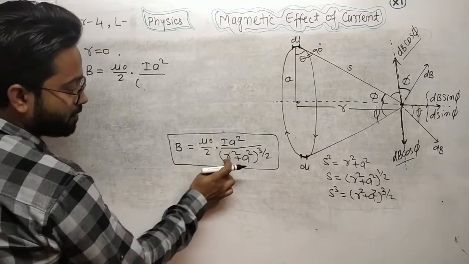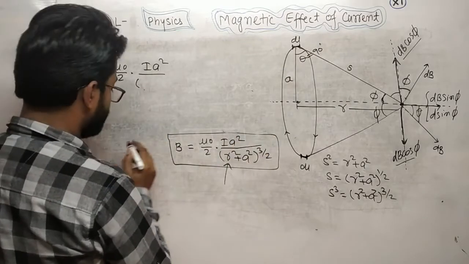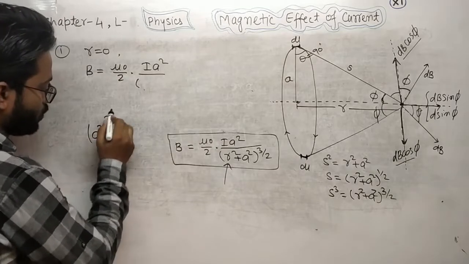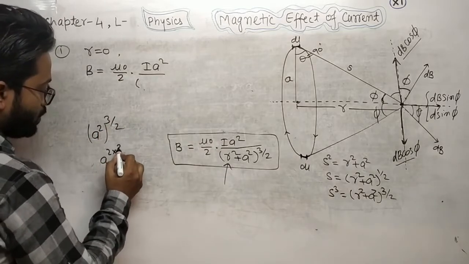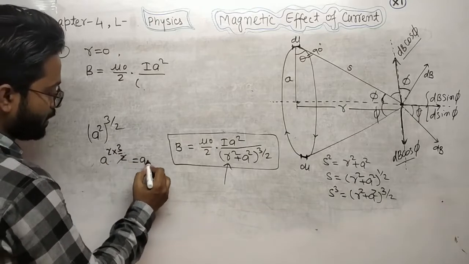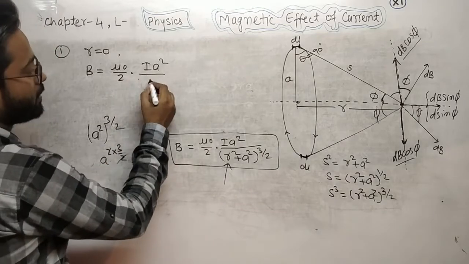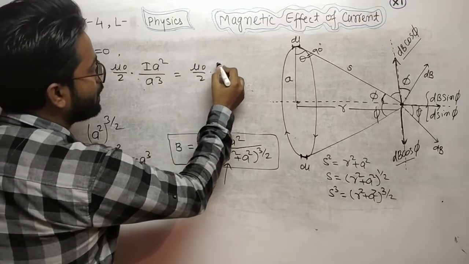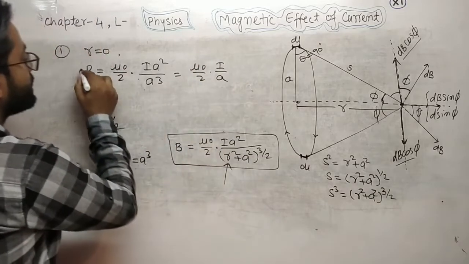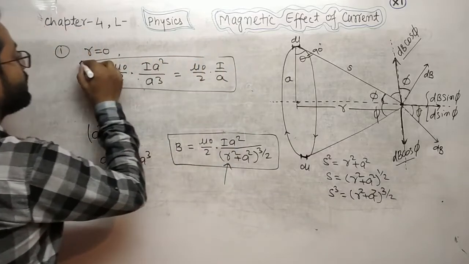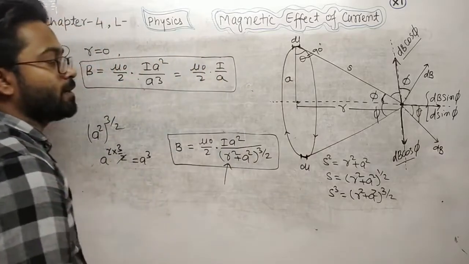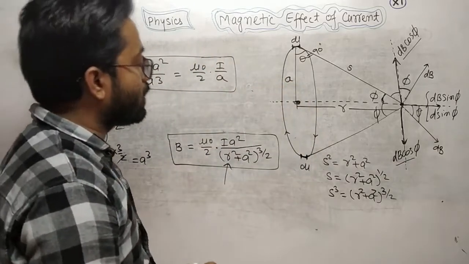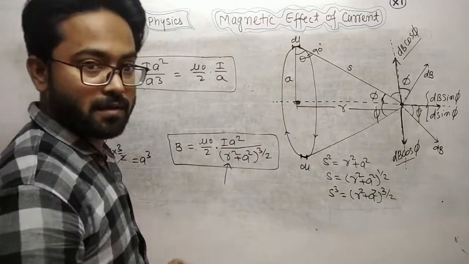In place of r you can write 0. a square to the power 3 by 2. Powers will get multiplied, 2 upon 3 by 2. The 2 cancels, means a cube. Simply you can write a cube. And after solving, you will have mu naught by 2 I by a. This is the formula when r is equal to 0, that means the magnetic field at the center of a circular coil. That was the previous derivation.